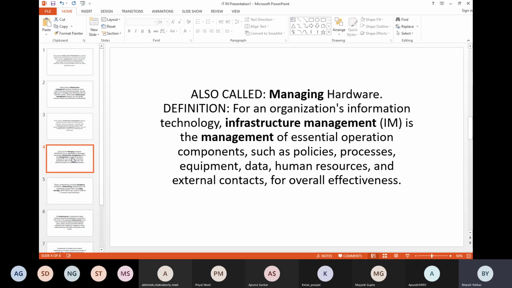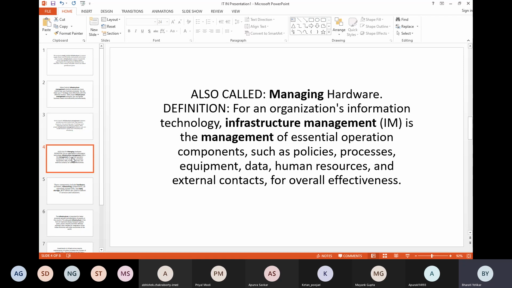External contacts means your network. Within the organization and outside the organization, there should be proper exchange of data, information, everything. So this is very important.